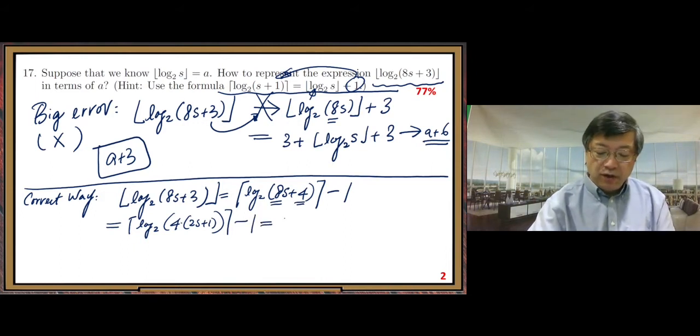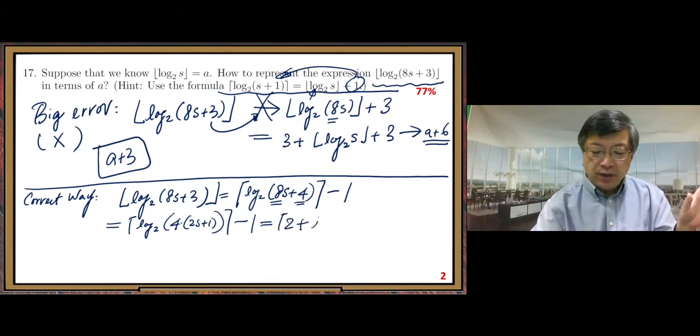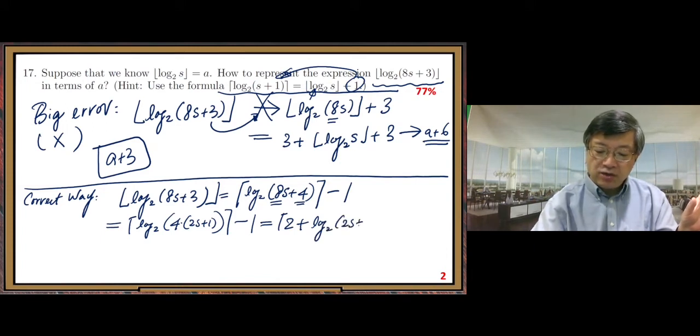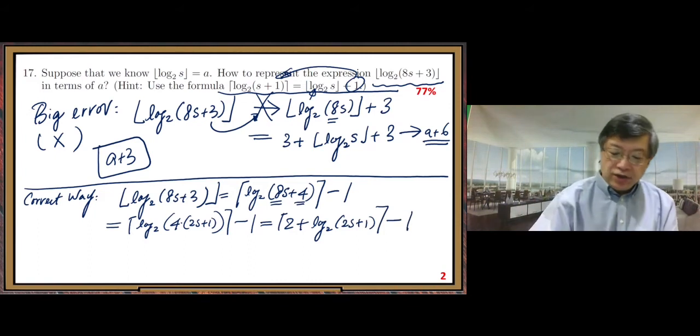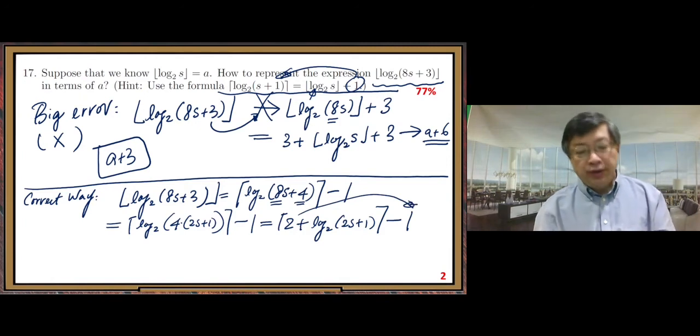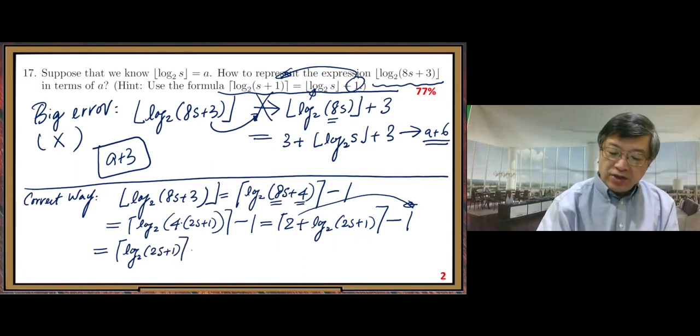Multiplication, you use the formula: log base 2 of 4, so that's 2, plus log base 2 of 2s plus 1, minus 1. This 2 you can pull out and combine with the minus 1 term, so you can simplify it, get log base 2 of 2s plus 1 plus 2 minus 1, so that's plus 1, right?